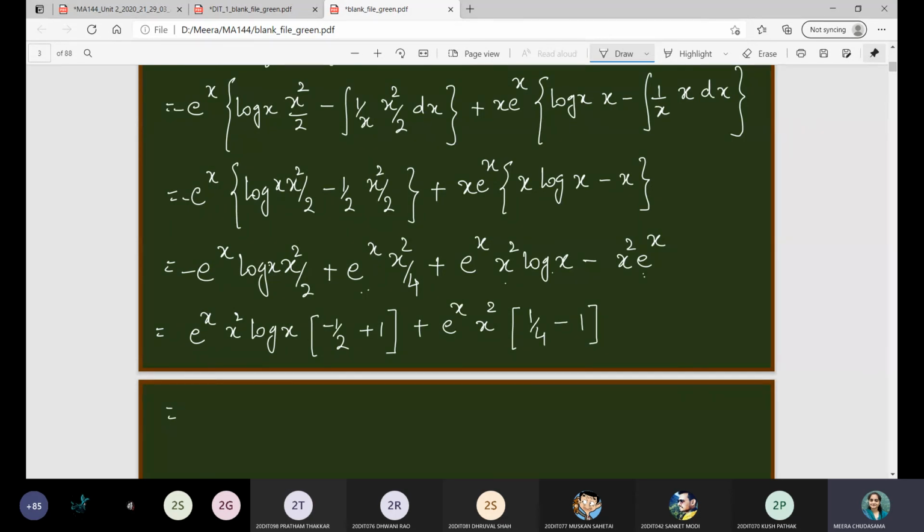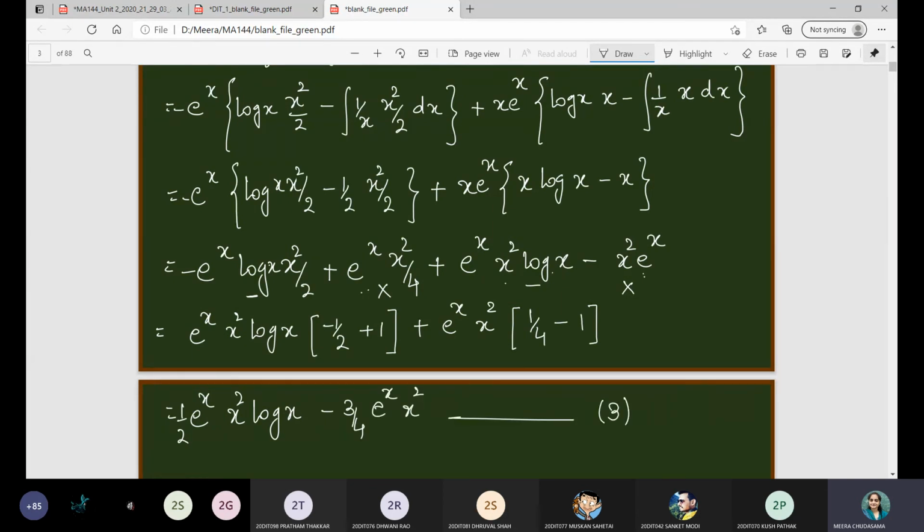I have merged this one and this one and this with this one, right? So it is e raised to x, x square, log x, and 1 by 2 will be the simplification, and here it will be with the negative sign, 3 by 4 e raised to x, x square.